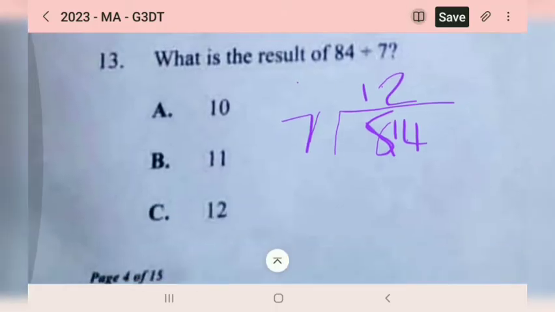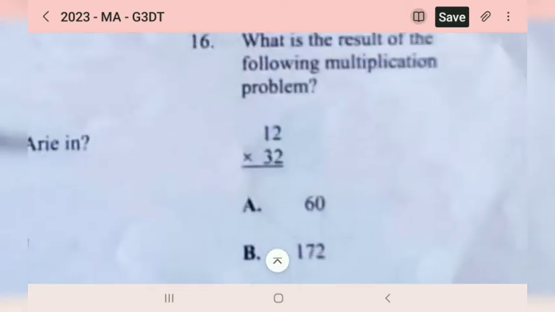You need to know your times tables. 7 into 8 goes 1 time. How many is left? 1. 7 into 14 goes 2 times. 7 12s are 84. Let's see where 12 is at. 12 is at C.